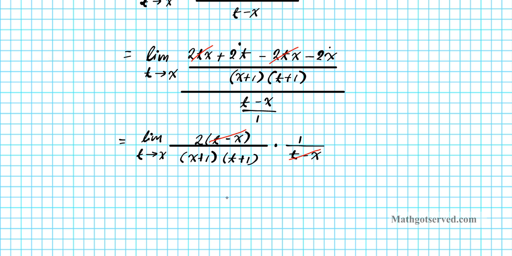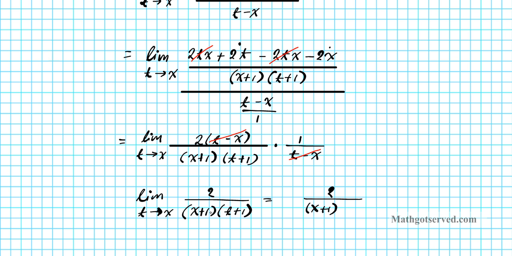They divide out. Okay, so now we're going to have the limit as t approaches x of 2 over x plus 1 times t plus 1. Alright, so what I'm going to do now is go ahead and evaluate the limit. Anywhere I have t, I replace it with x because t is going to x. So it's going to become 2 over x plus 1.